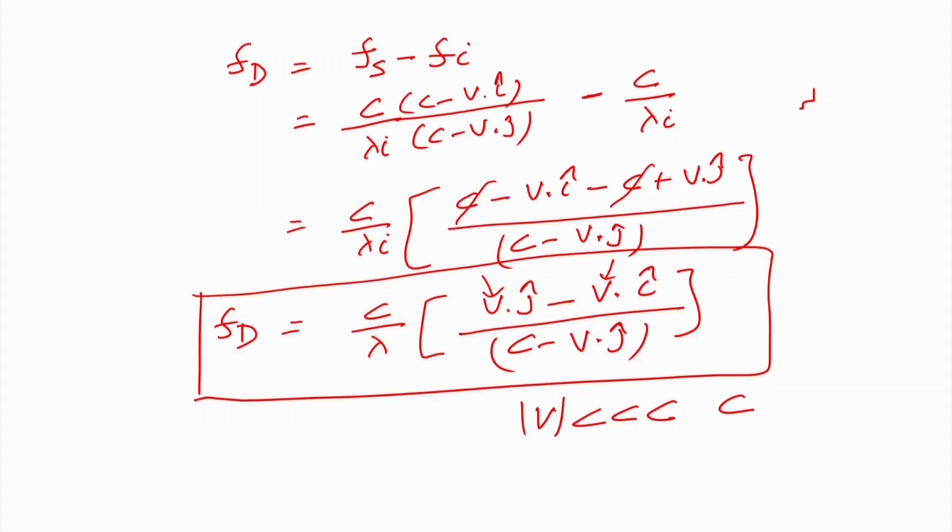So, if this is true, then we can say that c minus v dot j is going to be equal to c, because the velocity of light is very high compared to v.